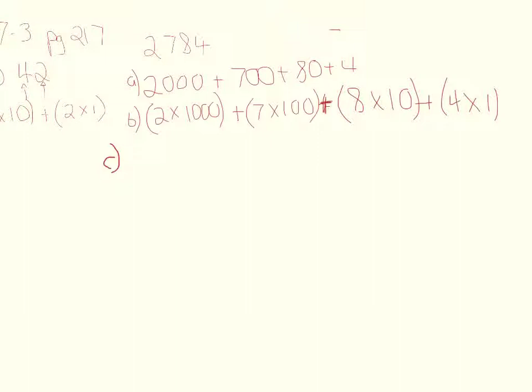Let's first make a multiplication expression for the number 2,000. We put in parentheses 2 times, it would have been 1,000, but it's asking us to use powers of 10. How many zeros do you see up here? There are 3. So we write 10 to the power of 3.